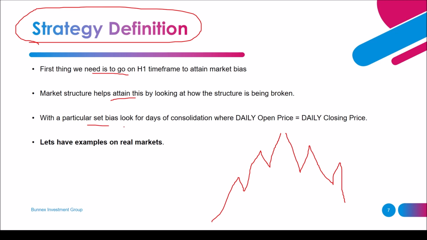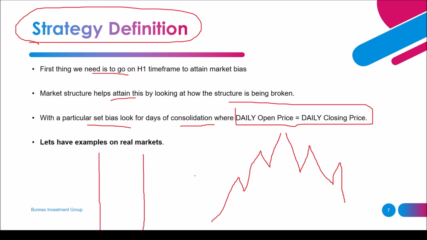With the particular set bias, look for days of consolidation. A day of consolidation can be defined by day open price being equal to day closing price. If we put session markers on TradingView or period separators on MT4, we can switch an H1 time frame chart to day demarcators.